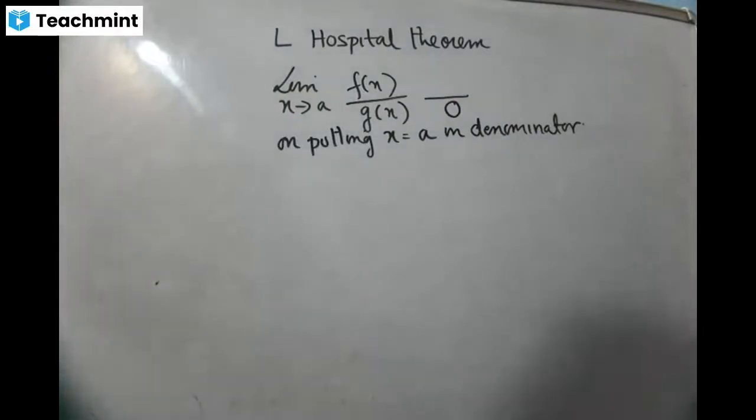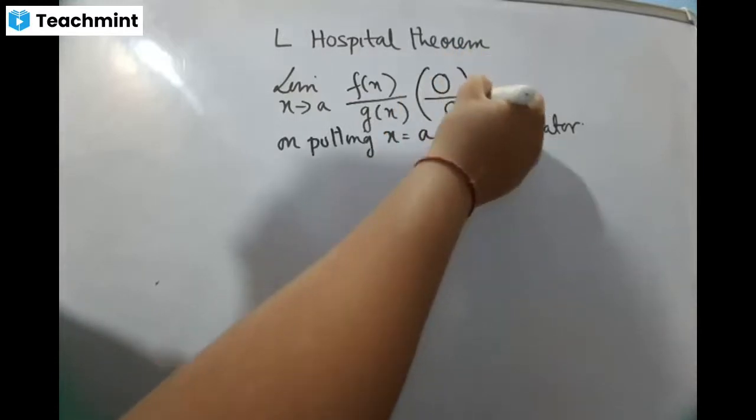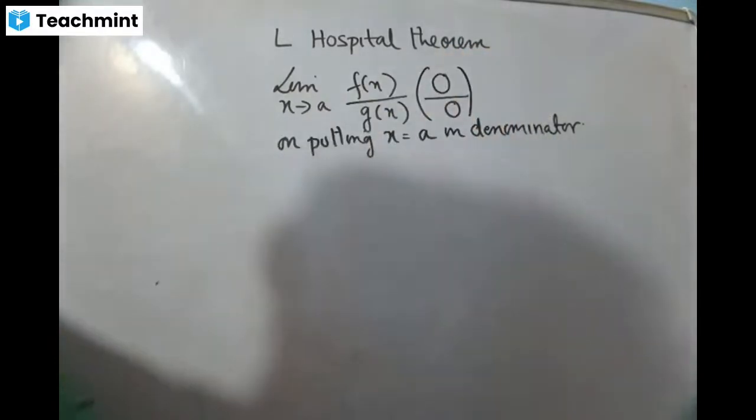If you get 0 in the denominator, then the numerator will also be 0. So this is called a 0 by 0 form or an undetermined form.